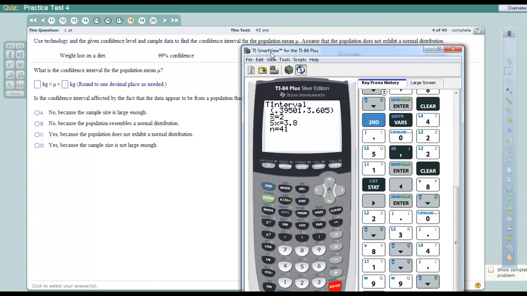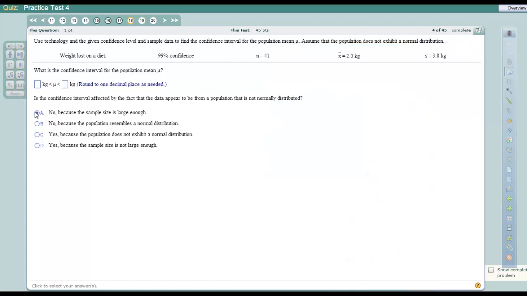The choices are: no because the sample size is large enough; no because the population resembles a normal distribution; yes because the population does not exhibit a normal distribution, which doesn't make sense for the question; yes because the sample size is not large enough. I think the only one that makes sense is A. It's not going to be affected because our sample size is large enough. All right, but we'll see what they said.